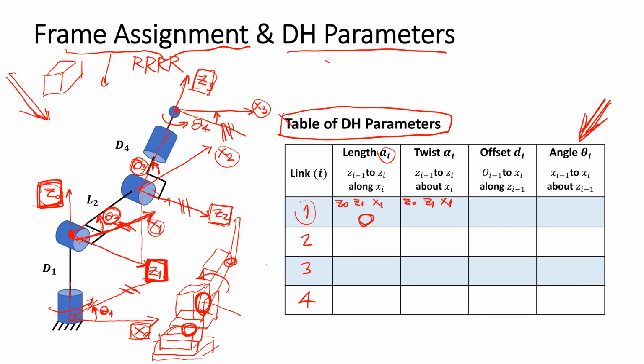So when you use your thumb pointing in the X1 direction and have your forefinger in the C0 and you rotate to C1, we have 90 degrees, positive 90 degrees for the link twist.